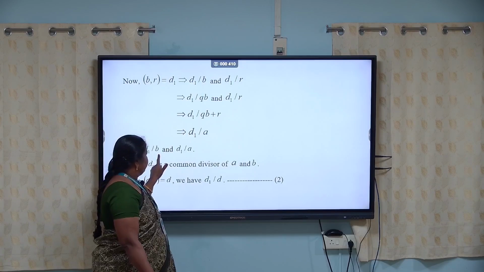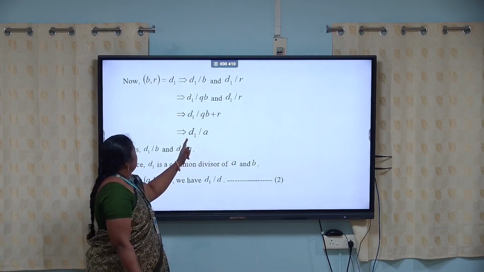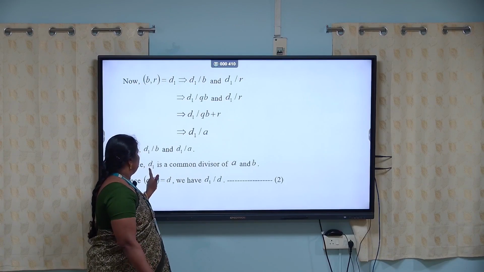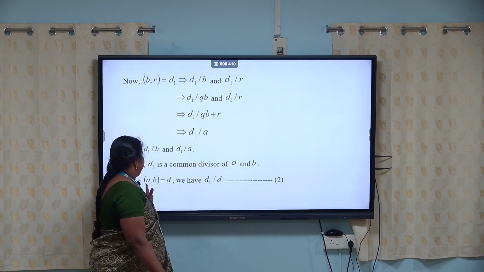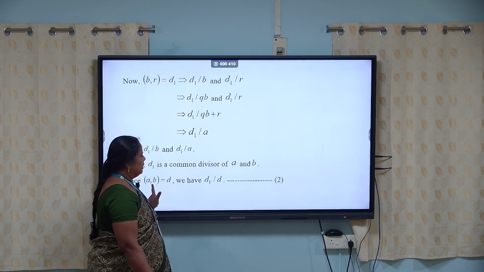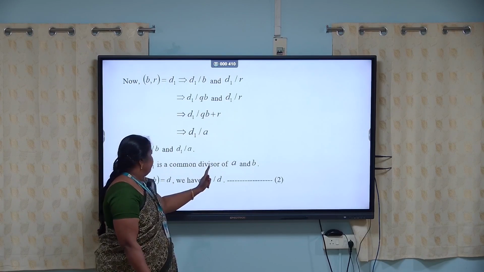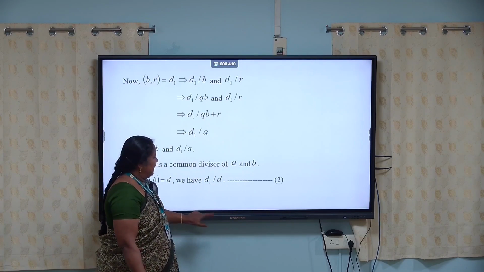Thus, d1 divides b and d1 divides a. That means d1 is a common divisor of a and b. But we have taken the HCF of a and b is equal to d, and d1 is a common divisor of a and b. That implies d1 divides d.